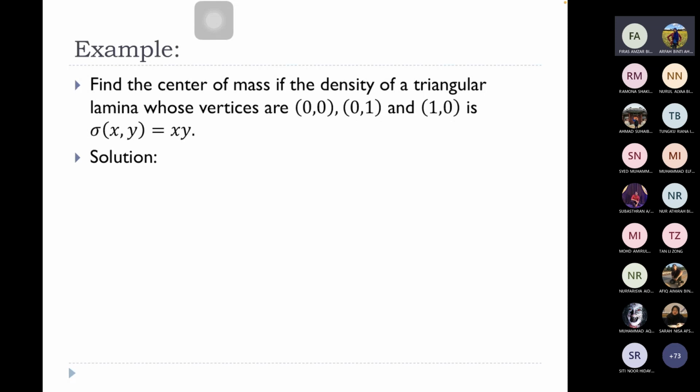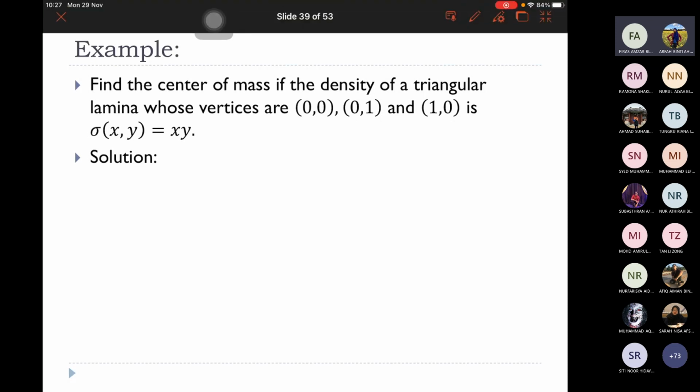So you were given the density and the question wants you to find the center of mass. Meaning that apakah x bar, y bar. Yang mana x bar akan sama dengan My divided by m dan y bar equal to Mx divided by m.